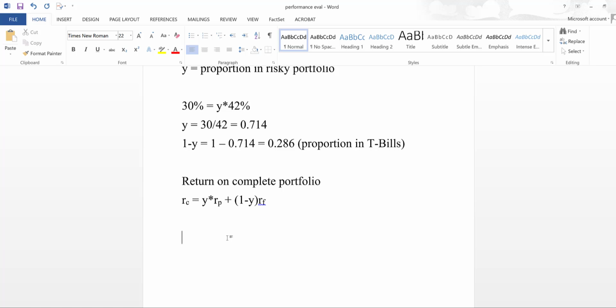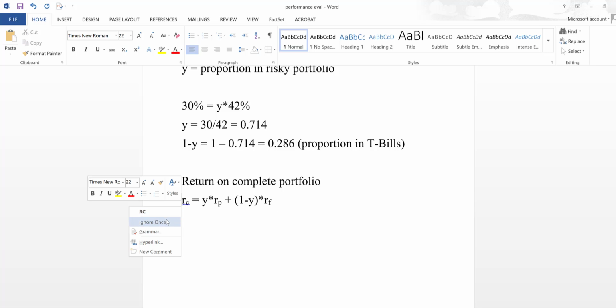What is the return on a portfolio of two assets? Proportion in the first asset times its return plus the proportion in the second asset times its return. So here you have the risky portfolio and the risk-free rate: proportion in risky times its return, plus proportion in risk-free times the risk-free rate of return.